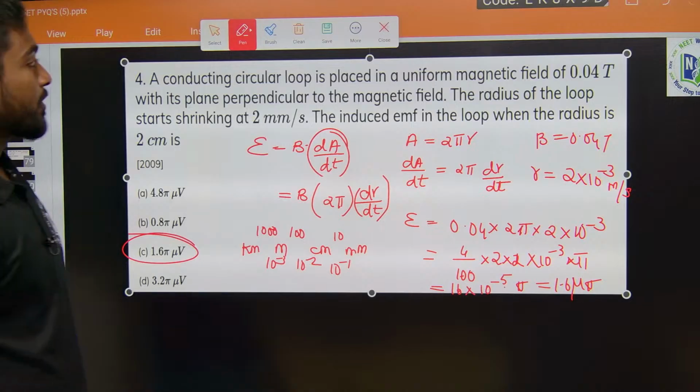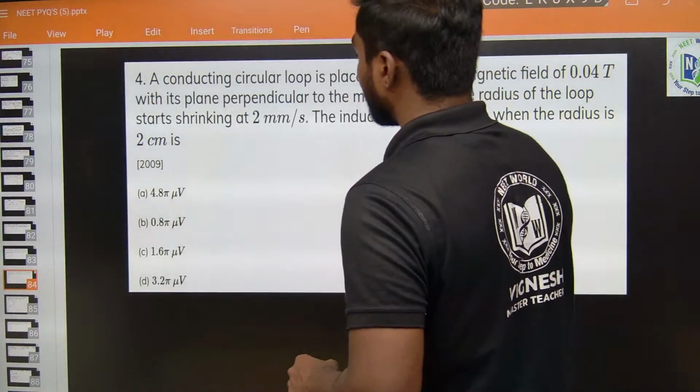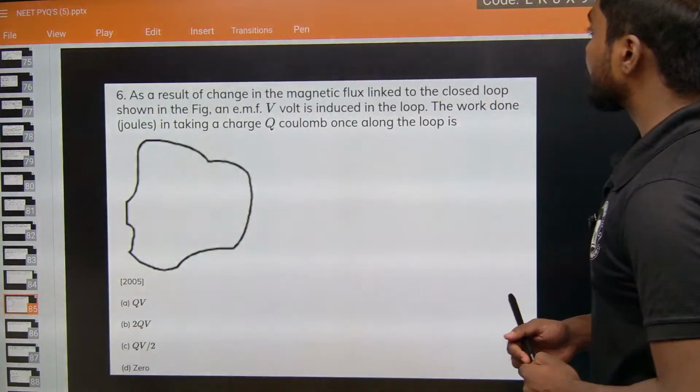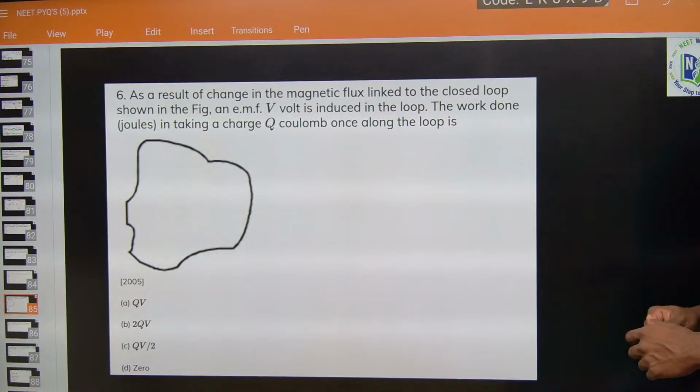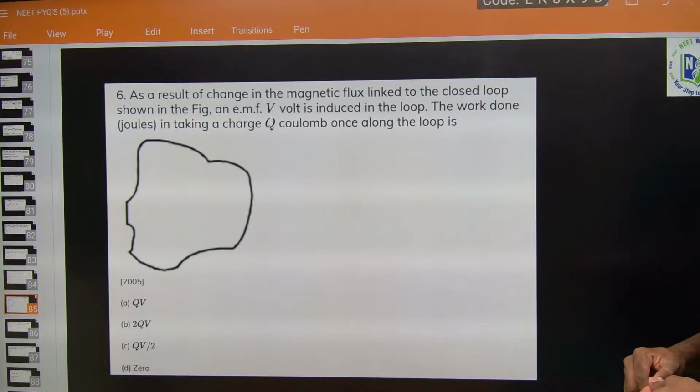We'll go for the next question. As a result of change in magnetic flux linked to the closed loop shown in the given figure, an EMF of V volt is induced in the loop. The work done, in joules, in taking a charge Q once along the loop is, okay.